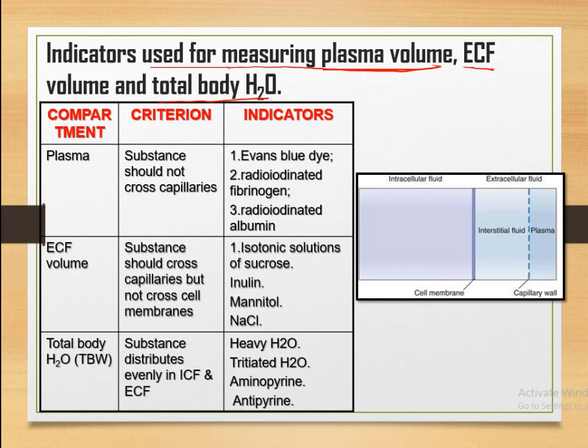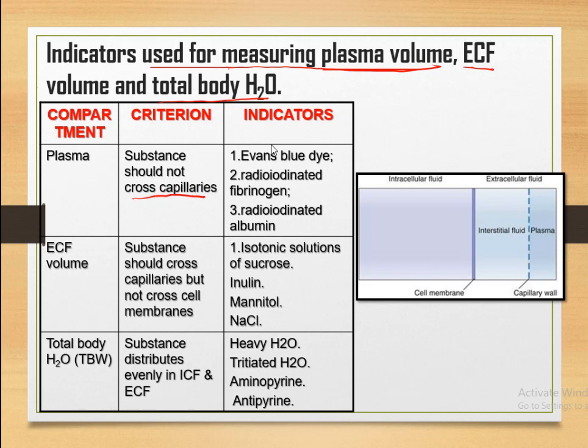We have the arteries, the veins, and also the capillaries, which tend to be the smallest. So for us to measure the plasma volume, we need to make sure that the substance being used cannot cross the capillaries.